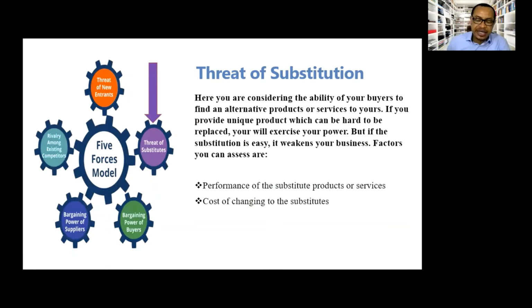In that case, a factor that you are considering is the performance of the substitute product or services. If the performance is better or comparable, then you don't have power here, or your power is little. But if your own performance is far above the performance of any substitute, then you have some power in this case.